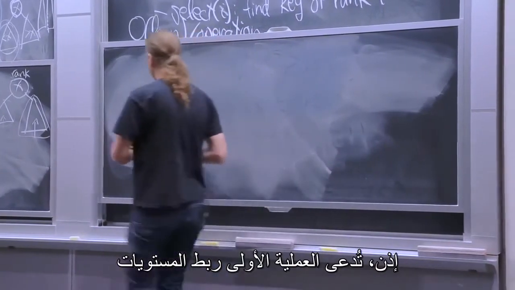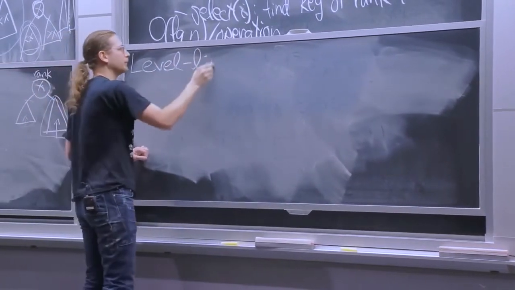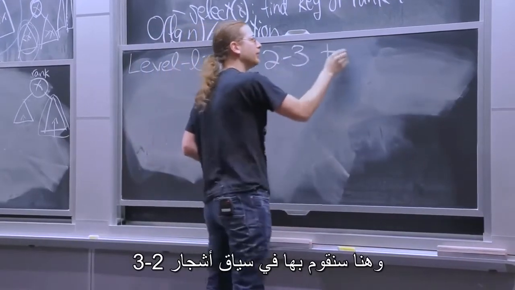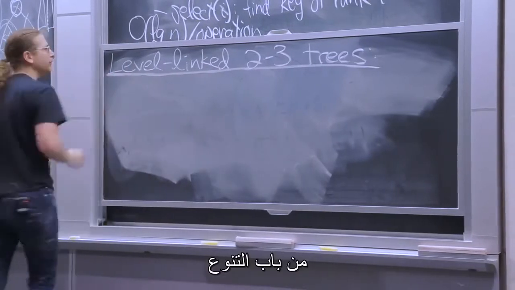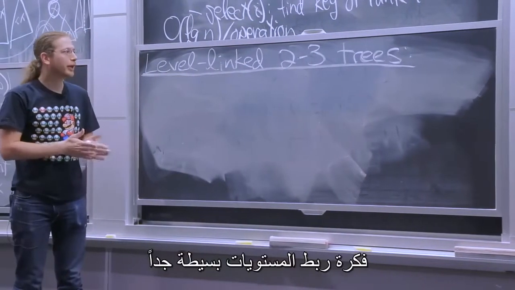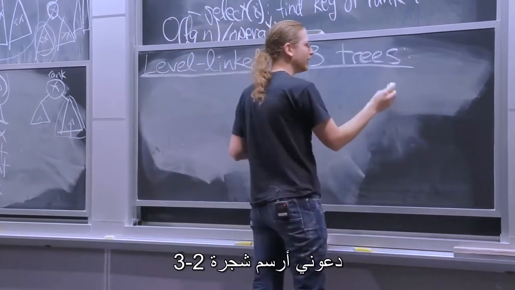So the first one is called level linking. And here we're going to do it in the context of 2-3 trees, partly for variety. So the idea of level linking is very simple. Let me draw a 2-3 tree.